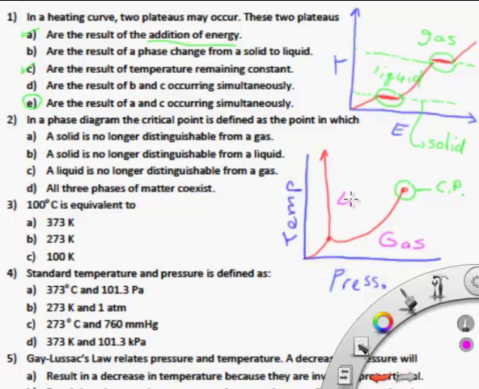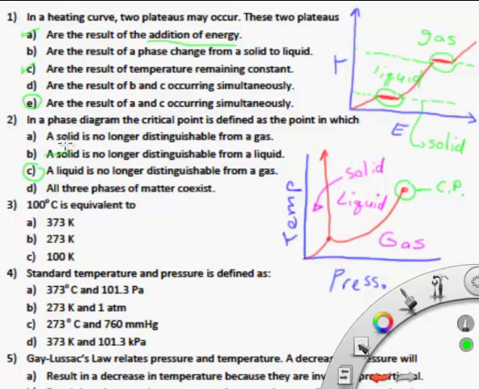This is the liquid phase. And this is solid. So the critical point would be the point at which a liquid is no longer distinguishable from a gas.